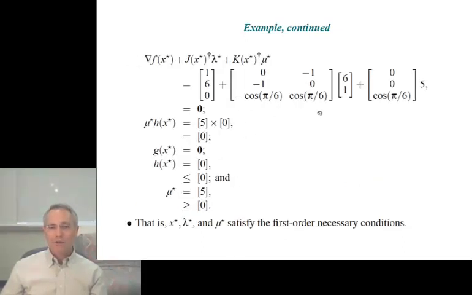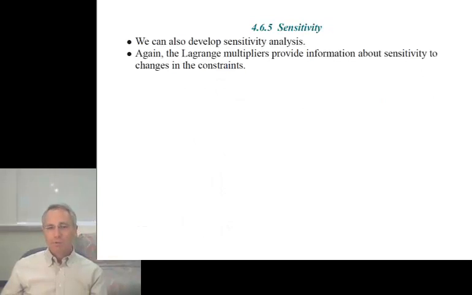And plugging in to the entries in the first order necessary conditions, the first constraint is satisfied, complementary slackness is satisfied, equality constraints are satisfied, inequality constraints are satisfied, non-negativity on mu is satisfied. So the point x star, lambda star, and mu star satisfies the first order necessary conditions. We can also develop sensitivity analysis, and again the Lagrange multipliers provide information about sensitivity to changes in the constraints.